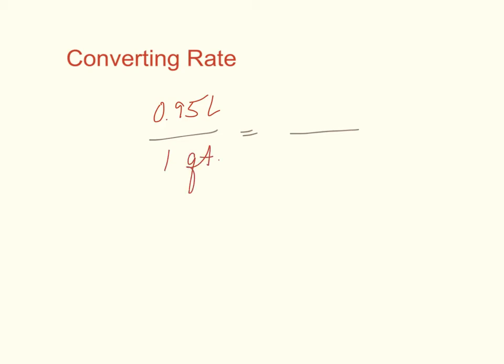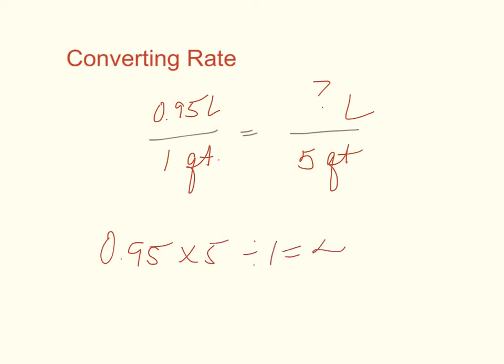And then we see over here that the heart pumps 5 quarts per minute. And we want to convert that 5 quarts into liters. So that's what we don't know. Cross multiply and divide. 0.95 times 5 divided by 1 equals, and of course the answer is there in the book, 4.75.